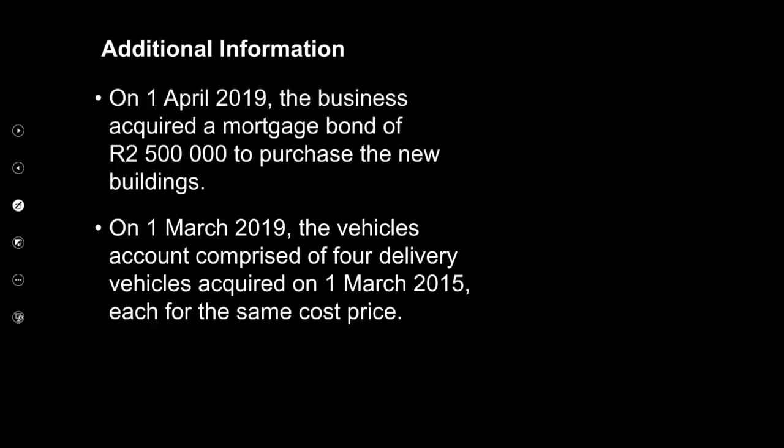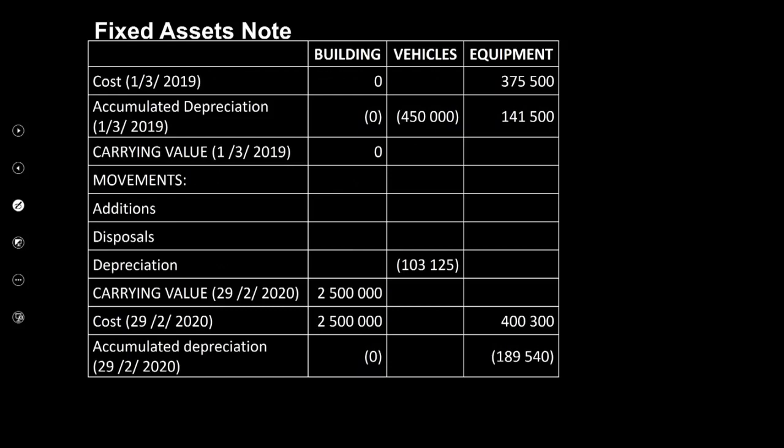On the 1st of April 2019, the business acquired a mortgage bond of 2,500,000 to purchase the new buildings. So immediately you go into your note and you realize what had happened was you had actually purchased land and buildings to the tune of 2,500,000. Clearly you can see it's an addition. In other words, you had absolutely no land and buildings at the beginning of the year.